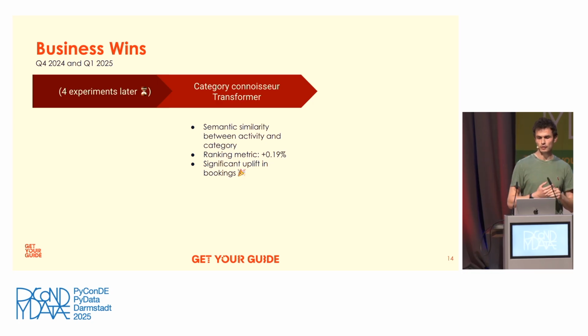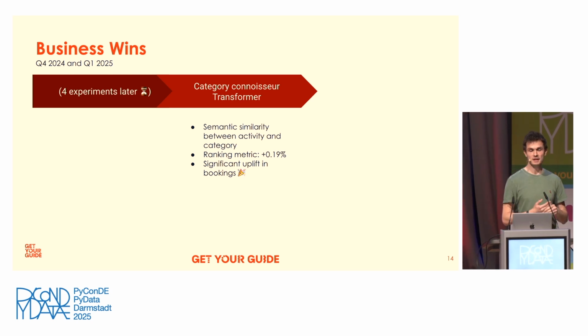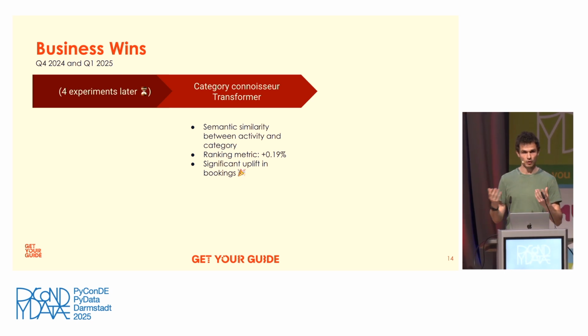For us, the category of the page can be like wine tasting in France, or like monk meditation in Japan. All of those are categories for us. And we saw some uplift in the ranking metrics, but more importantly, we saw a significant uplift in the number of bookings. And yeah, that was just before Christmas. It was a perfect Christmas gift for us.